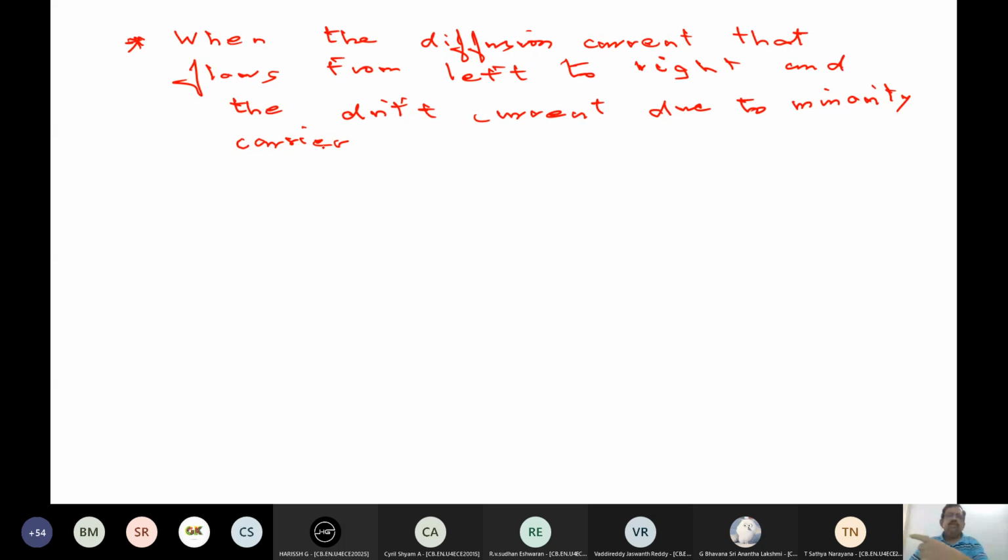So the electron will flow across the junction. Therefore, the drift current will flow from right to left. Drift current due to minority carriers flows from right to left.